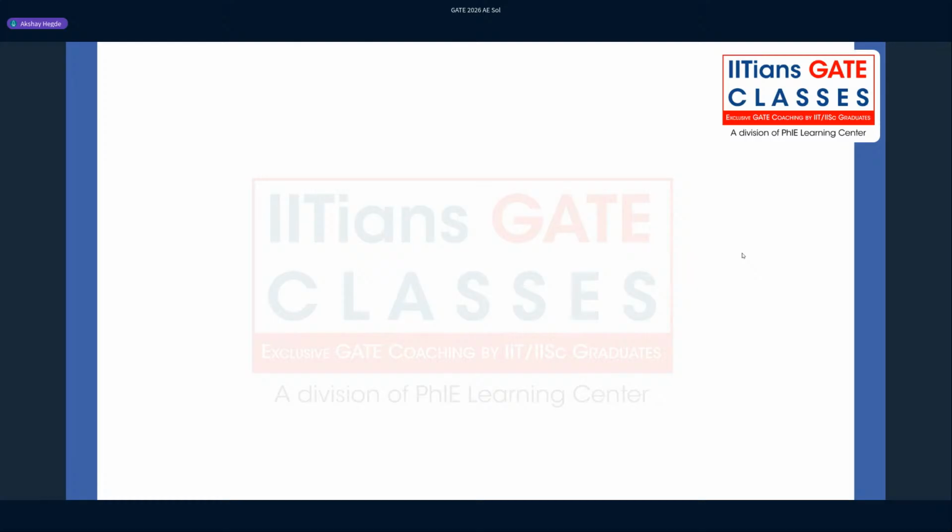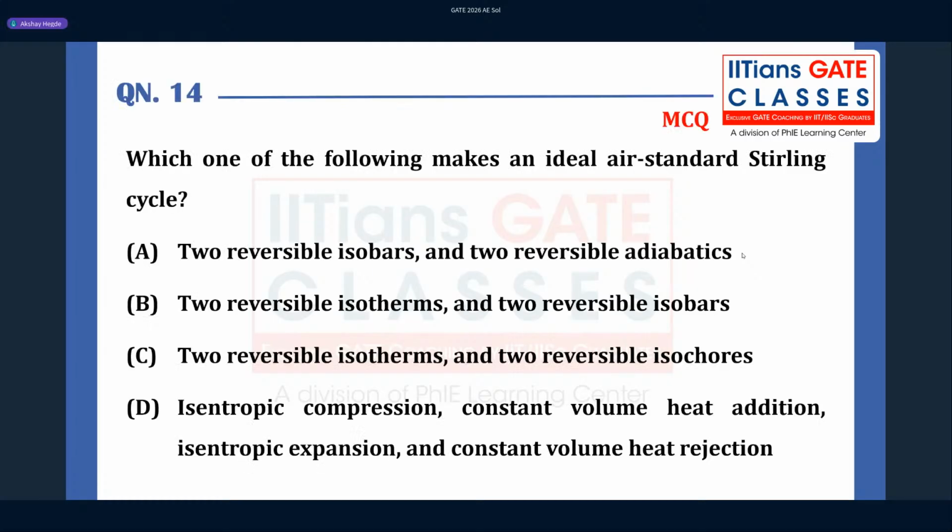Our next question is: which one of the following makes an ideal air standard Stirling cycle? The Stirling cycle is not that usual that we see in air breathing propulsion or land-based propulsion systems.